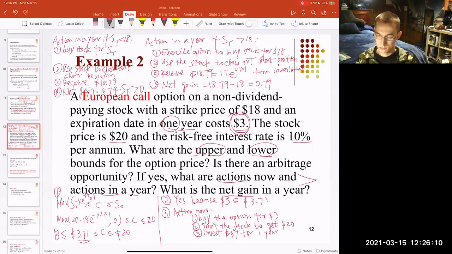Please do similar work, okay, in your assignment. Any question on this? Question? So you see action in a year, you need to differentiate 2 cases, which is the stock price at the expiration day higher than the strike price or lower than the strike price.